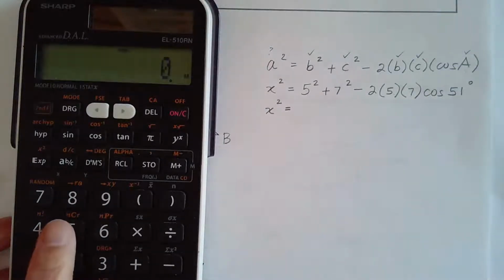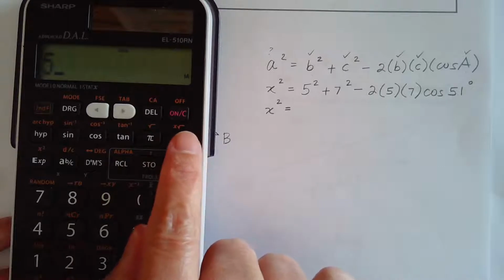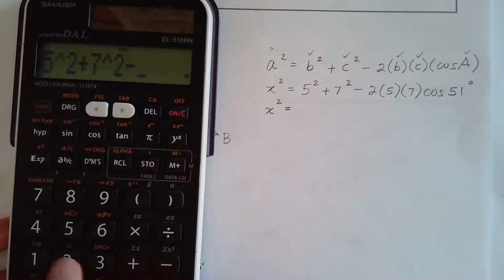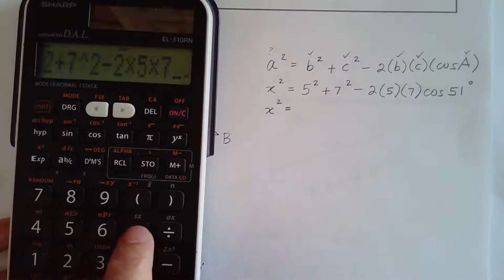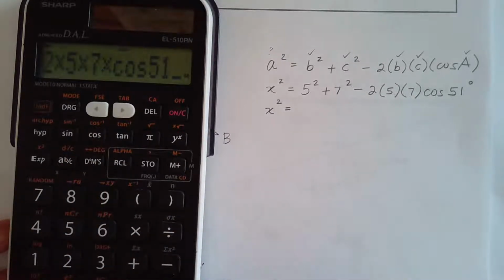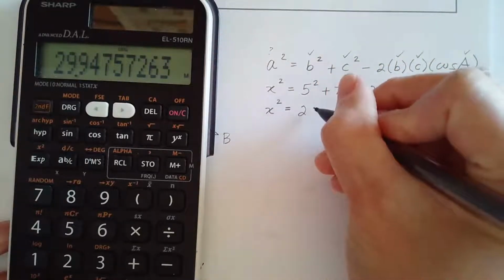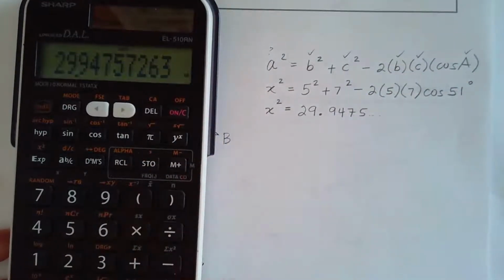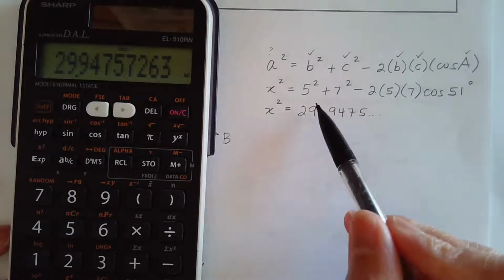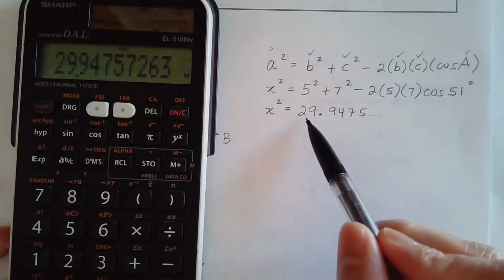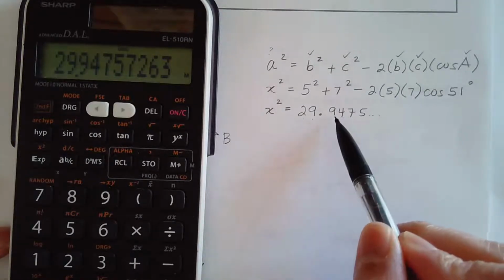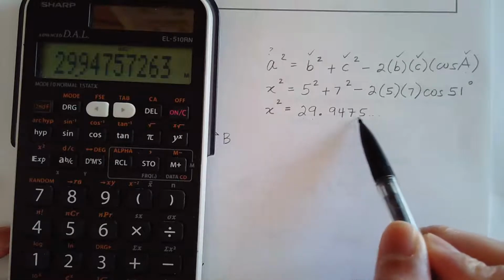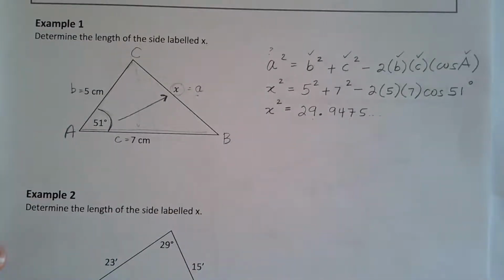So let's try that. 5 squared... I hope you were able to try it. I got 29.9475. Okay, 29.9475.